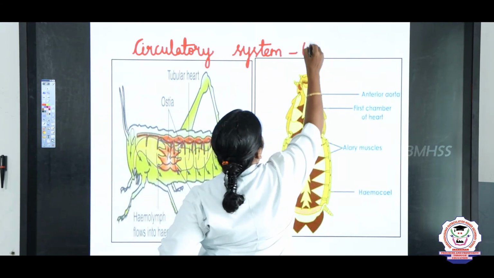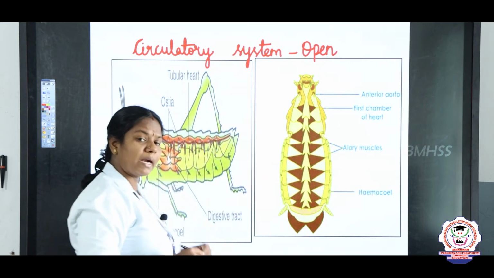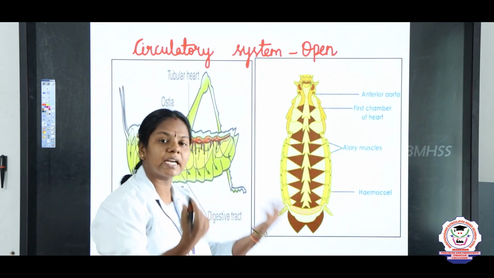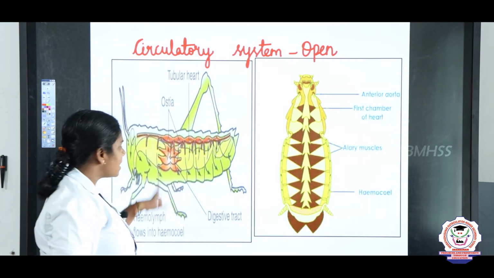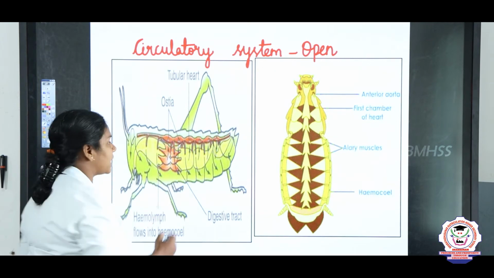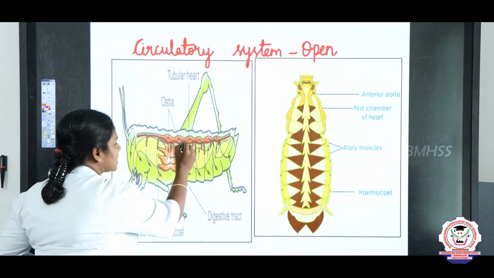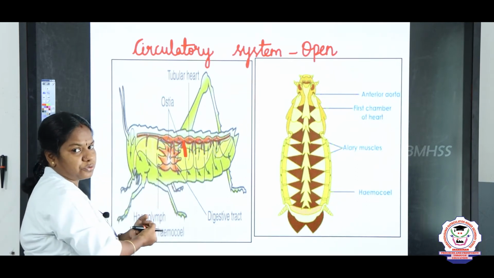Open means the blood does not flow inside the blood vessels. The blood is pumped by the heart and directly it flows into the open spaces, right? This is the circulatory system of the grasshopper, and you can see from the blood vessels it directly opens. No blood vessels are there. It directly passes into the tissues.